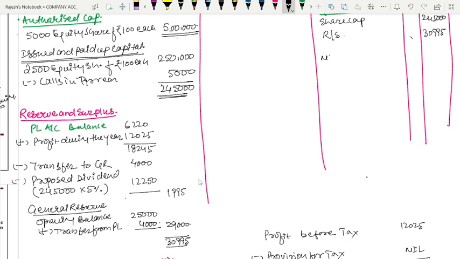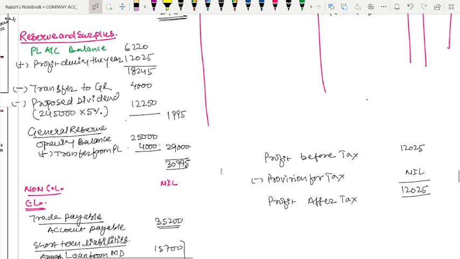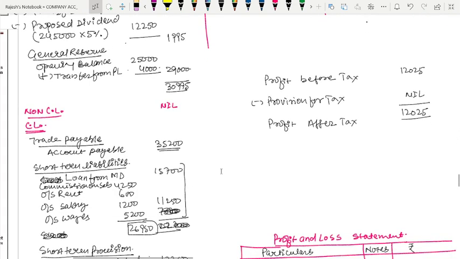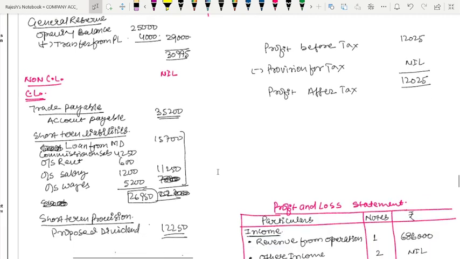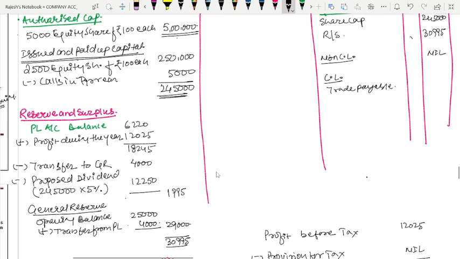And non-current liability nil. Current liability. Trade payable 45,000. Trade payable 35,200. Then 15,000, 26,950, and then 12,000, 35,200.